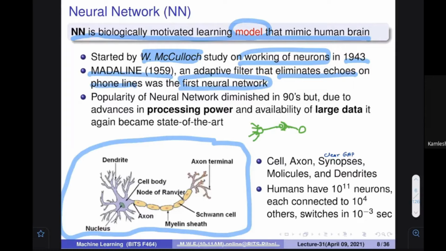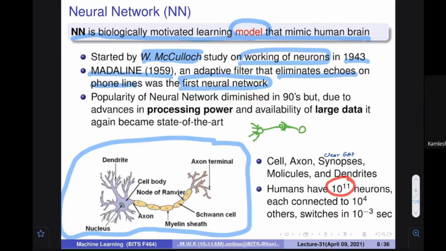Okay. We have also explored in the last class that humans have a lot of neurons in their brain, around 10 to the power 11 neurons, and each of them is connected to 10 to the power 4 others. So this is a very large number. Still, we are not able to build such a complex system.